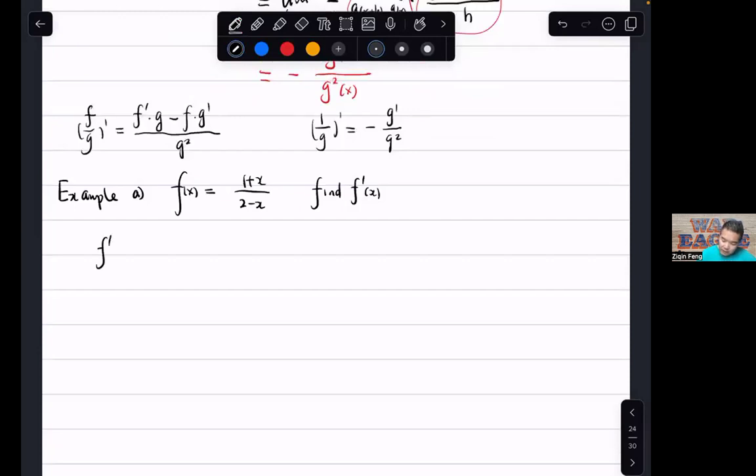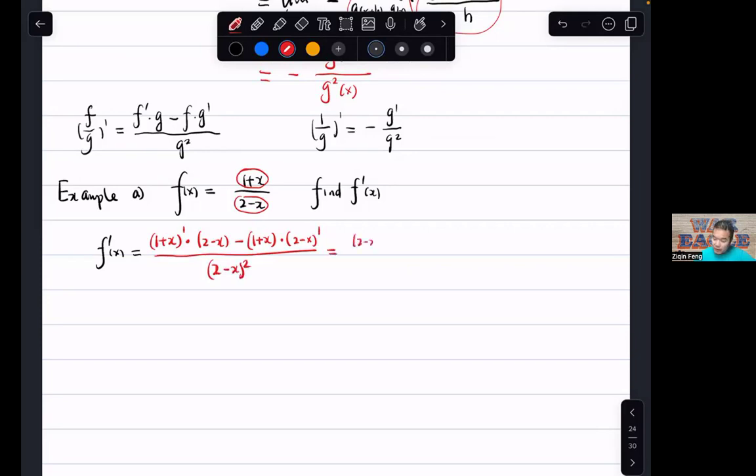So f prime of x equals, following our rule, the derivative of the numerator, 1 plus x prime, times the denominator 2 minus x, then minus the numerator 1 plus x times 2 minus x prime, over 2 minus x squared. Now we differentiate 1 plus x. You get 1, because 1 prime is 0 and x prime is 1.